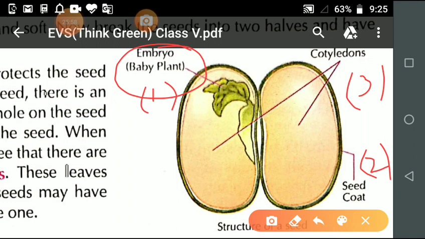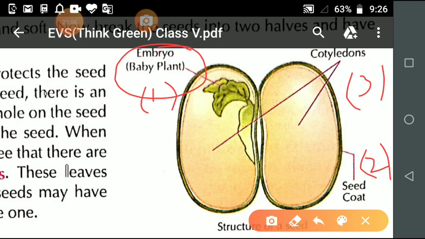The part of a seed which develops into a new plant at the time of germination is known as embryo. And what is germination? I will explain it later, after explaining the structure of seed. In short, you just understand germination is a process by which new plants come out from the seed.